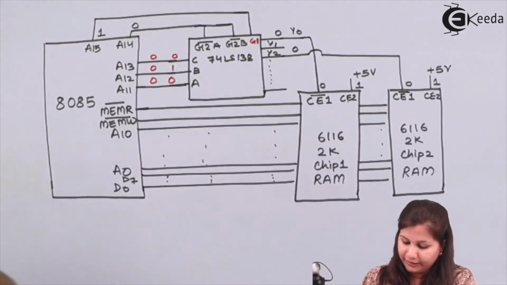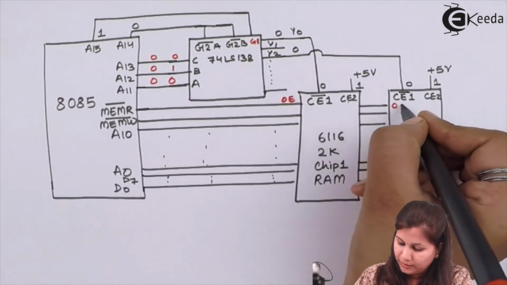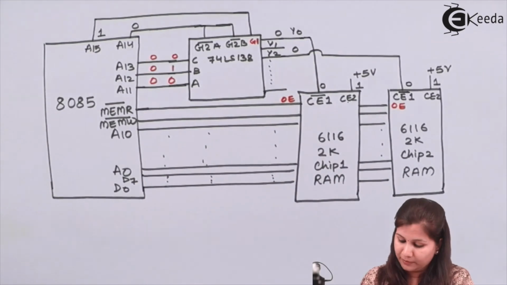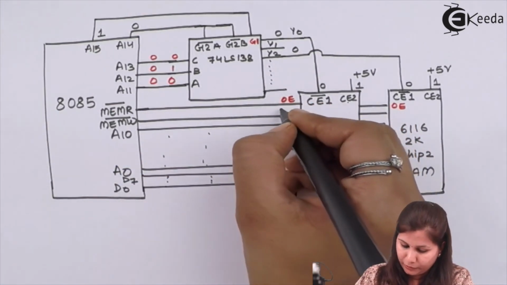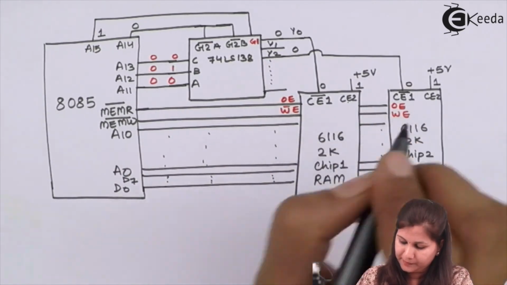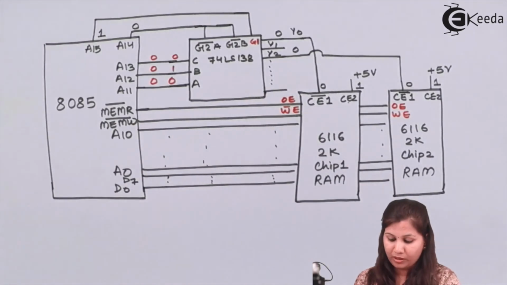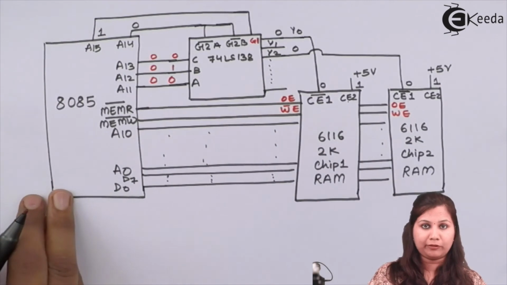When we are reading, we use the output enable signal of the memory chips. When we are writing into the memory chips, we use WE. Okay, so this is how the memory chips are interfaced with the microprocessor.